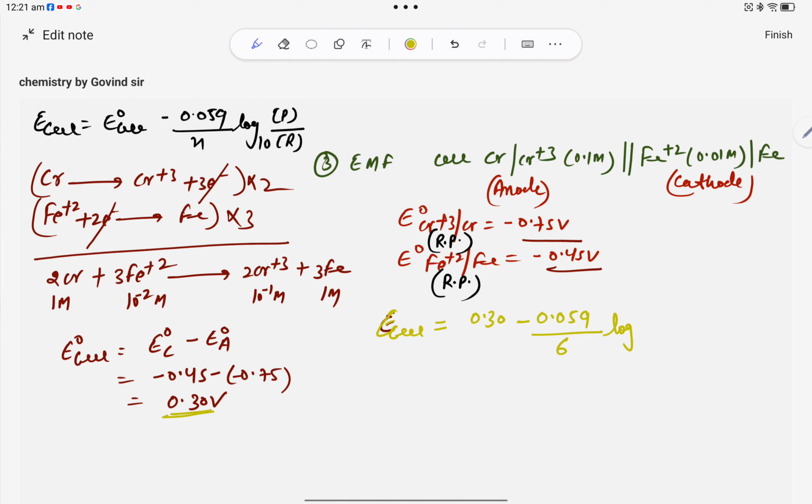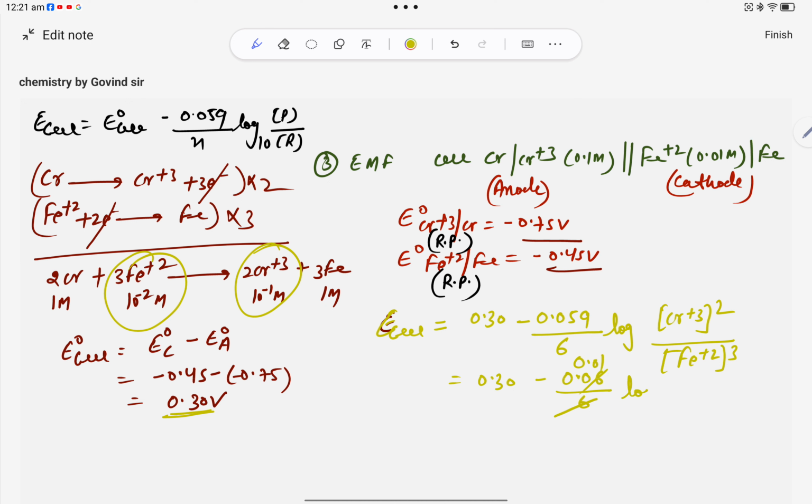Solid state, no need to write, this is product, this is reactant, so log Cr plus 3 power 2 and Fe plus 2 power 3. So what it is? 0.30, make it 0.06 upon 6, so it will be 0.01 log 10 to the power minus 1 squared upon 10 to the power minus 2 cubed.